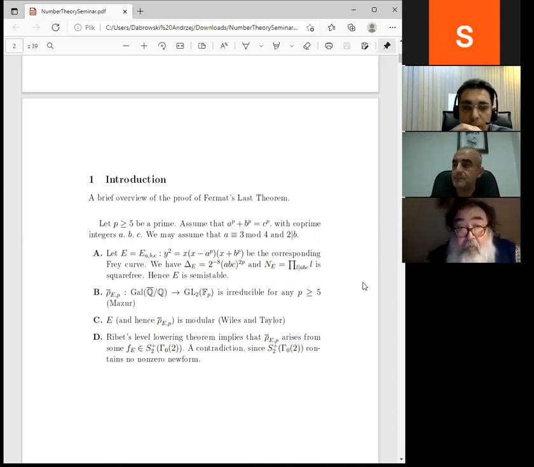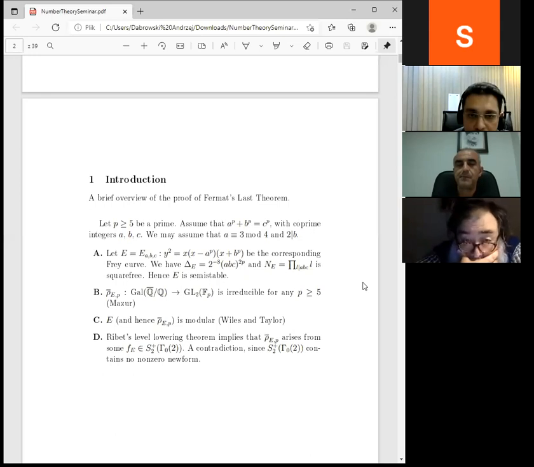We can calculate the global discriminant and the conductor. In particular, such a curve is semi-stable. We can associate to every elliptic curve over the rationals a mod p Galois representation. In this case, such a representation is irreducible for any prime p equal or bigger than 5.